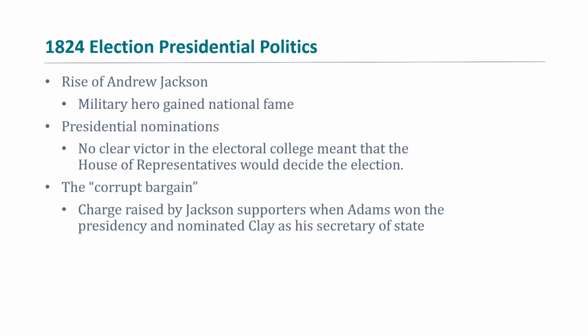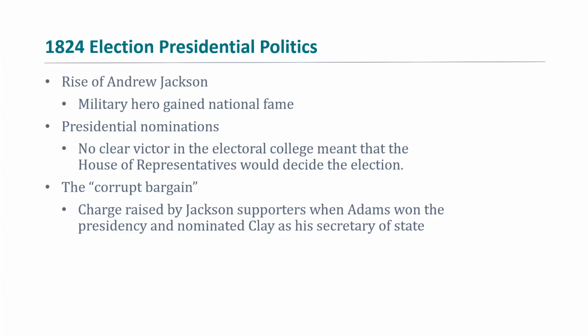And 1824 is one of those rare years, you'd learn more about this in a government class, in which there is no victor in the presidential election. No one received a majority of the Electoral College votes. And so it goes to the House of Representatives. And ultimately, the House of Representatives is allowed to choose amongst the three leading candidates in the Electoral College.